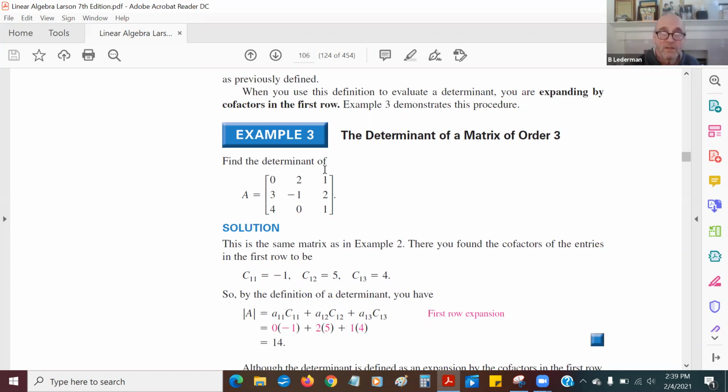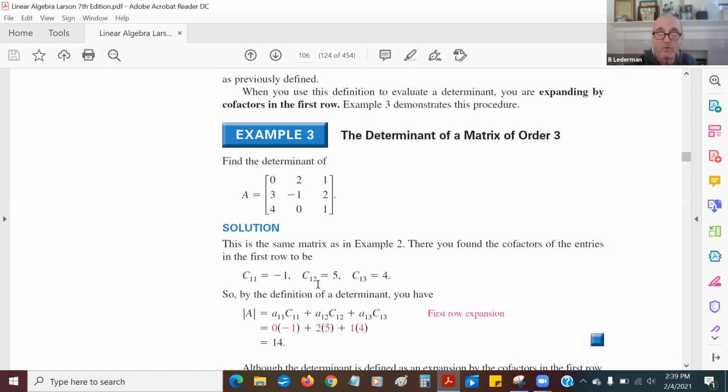Anyway, find the determinant of A. Here's our matrix A. So the determinant now, C11 is -1 because -1 times 1 minus 0 is -1. C12 is 5 because if I knock out the row and the column, 3 times 1 minus 4 times 2, that's 3 minus 8, which is -5.